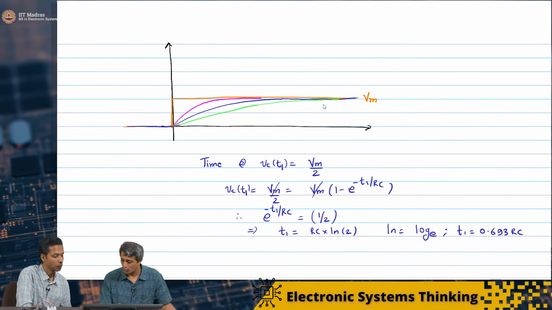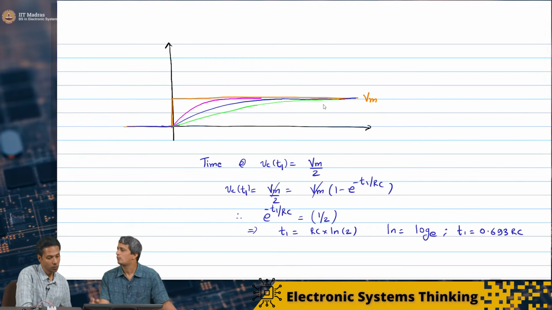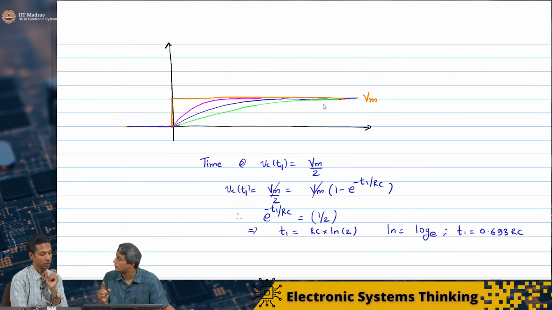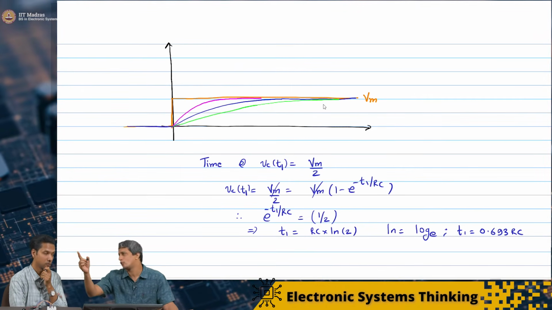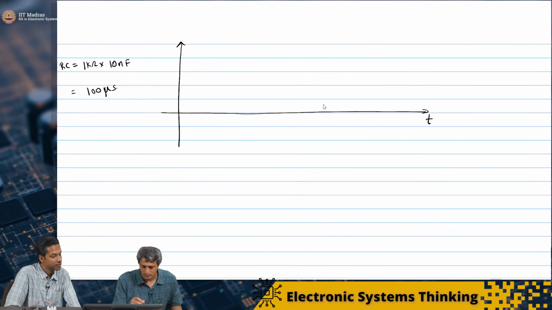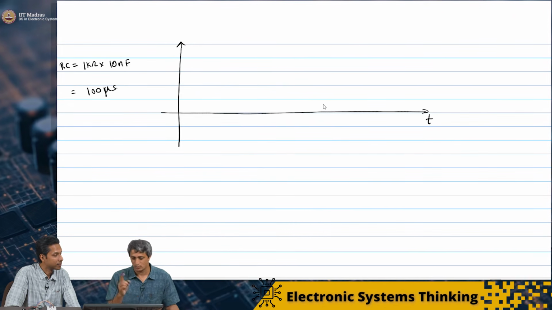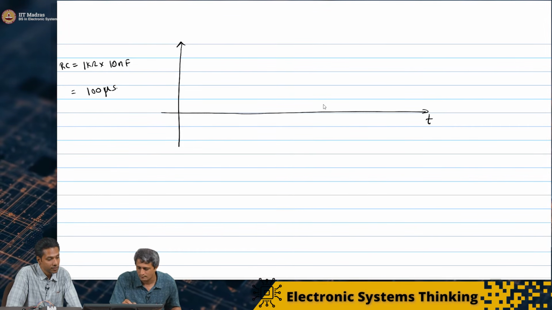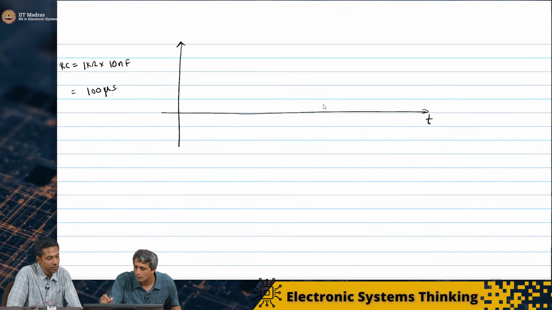That means it would take 0.693 into 100, right? 69.3 microseconds is what it would take to reach 100 millivolt, half of the voltage. And then it would take forever to go all the way there, right? So earlier, by the way, when we applied a 100 hertz wave, the input was going to be orange.